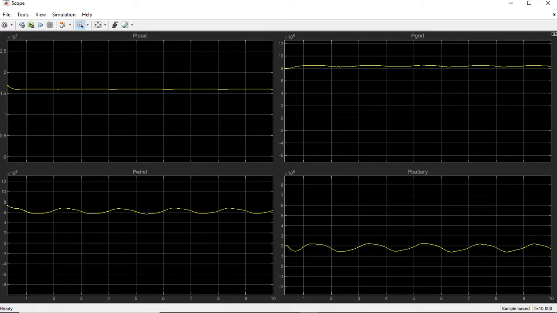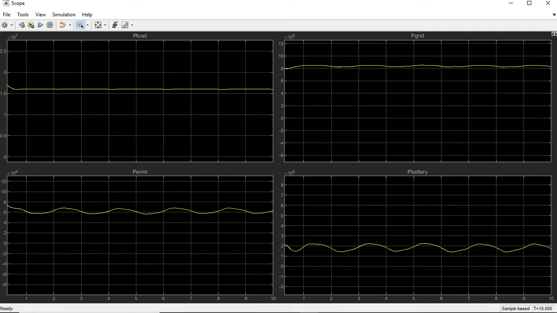And now you will see the power from the grid is almost constant. Instead of the grid, the rest of the power is now being supplied by the battery. So the fluctuating nature of the wind turbine is being compensated with the battery system.